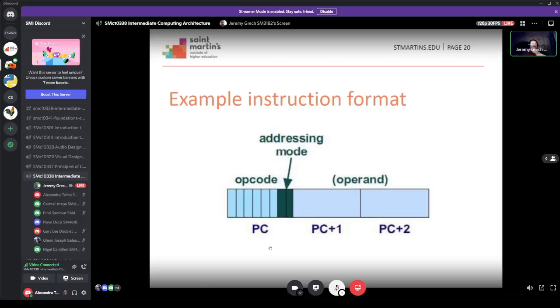Is this clear to the rest? Yes, better. So each instruction is like 3 bits long, right? In this case, it can be either 3 bytes long or 1 byte long. If the instruction is only 1 byte long, then I can go to the next one like this.